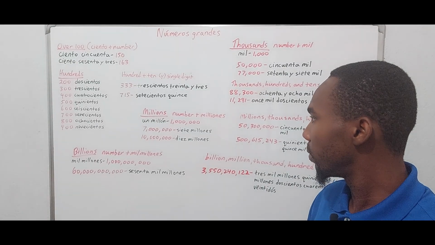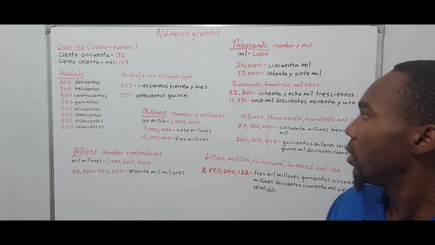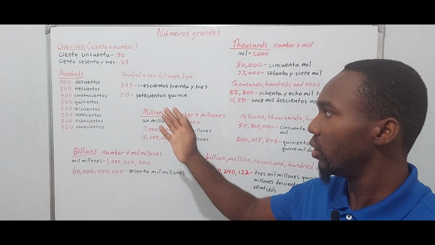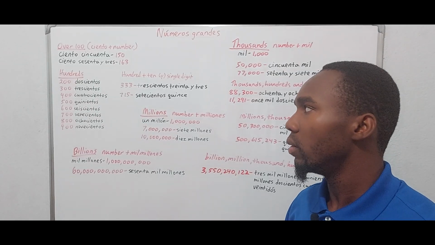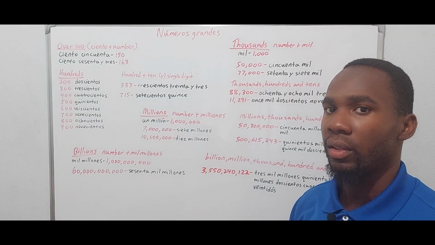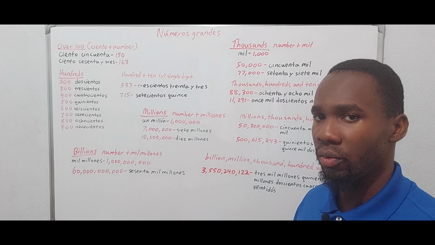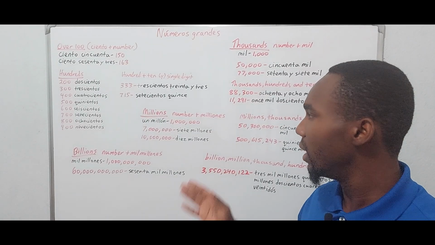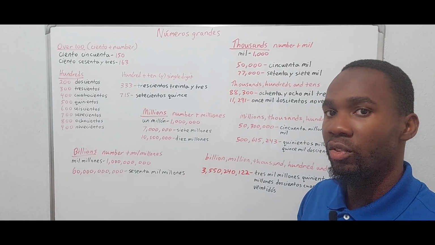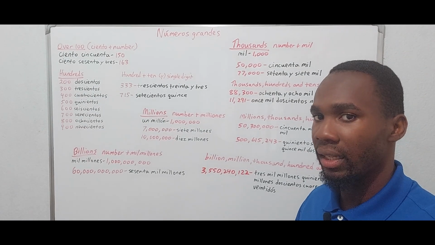Key point with this one. If we want to use that as an adjective, just like how we did with the hundreds, we have to remember that this is not a gender issue, but if we're using millions as an adjective and we're only talking about millions with no other units, then we have to use de at the end.